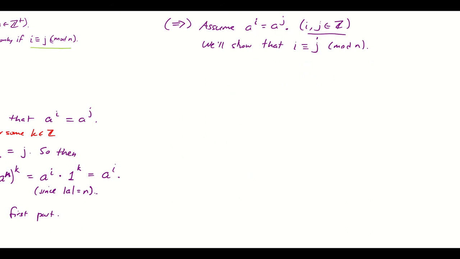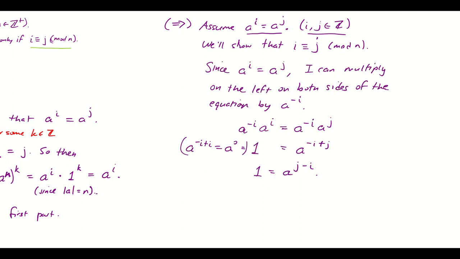All right, now j minus i again could be positive, could be negative, could be 0. We don't know yet. All we're hoping to show is that that number, j minus i, is divisible by n, because that would tell us that i and j are congruent mod n. So I'm just going to put it over here in a note. I want to show that j minus i is divisible by n.